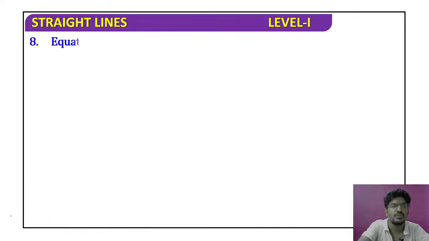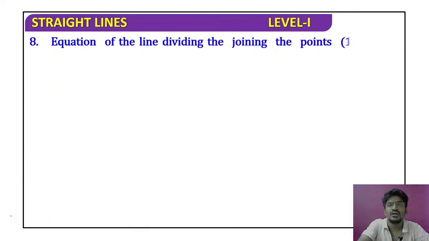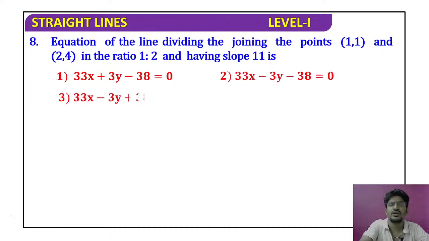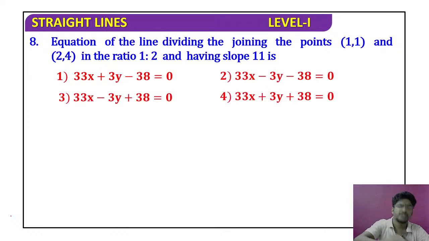So quickly we can go for the eighth problem. Find the equation of the line dividing the line joining the points 1, 1 and 2, 4 in the ratio 1:2 and having the slope 11. Okay, so this is the problem, and now you have to solve this particular question. You just see what they have given.